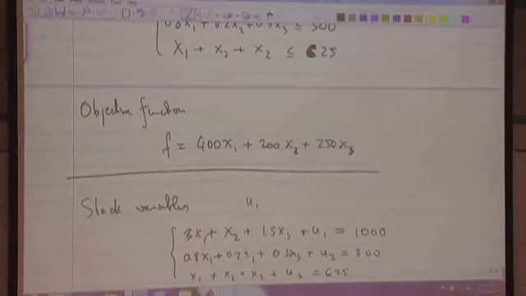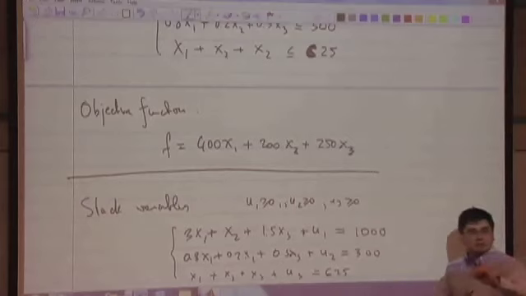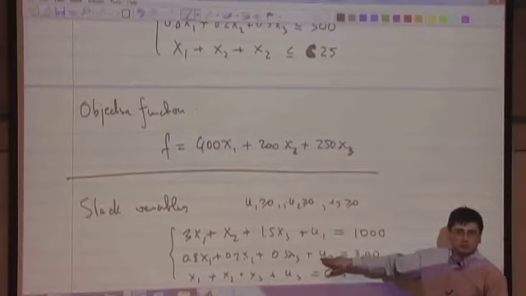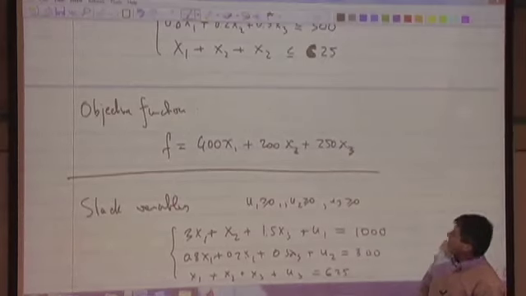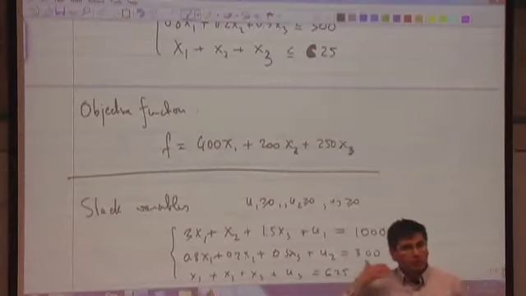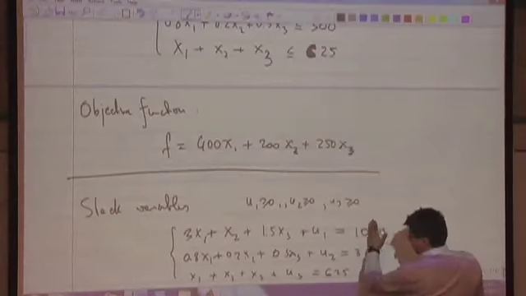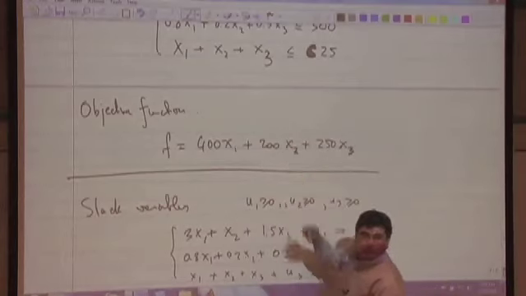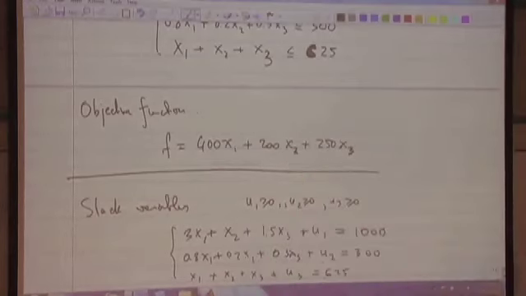By requiring that these slack variables are also positive, I put them here. Plus x3, thank you. So when you take the difference between b and a times x, that's going to be u1, u2, u3.